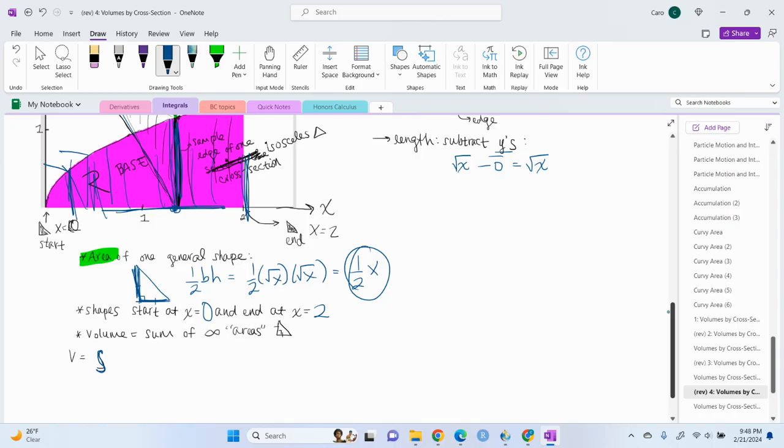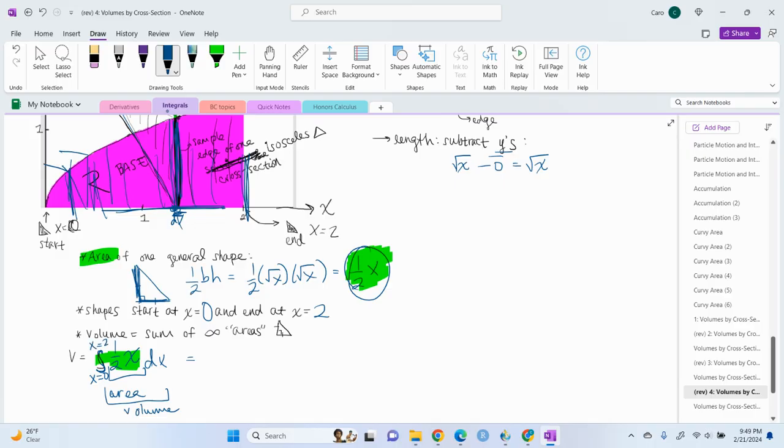So I'm going to take my expression for a random area, and I'm going to put it right here, and let's just add them up. So this is an area, and then to make it a volume, what do I need? I need a tiny dx, the width. So put a dx on it, and now I have a volume. Isn't that amazing? So x equals 0 to x equals 2.